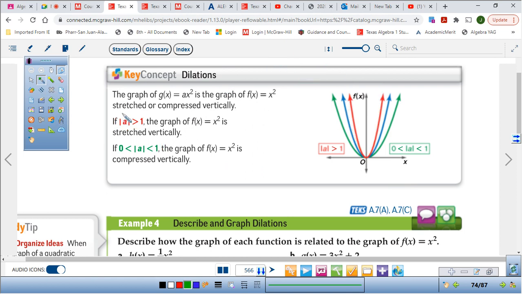So do me a favor, copy this part right here. Make sure you know we're talking about this part. I'm going to quickly give you an example. This would be like f of x is equal to 3x squared. An example over here would be f of x is equal to 1/2 x squared.